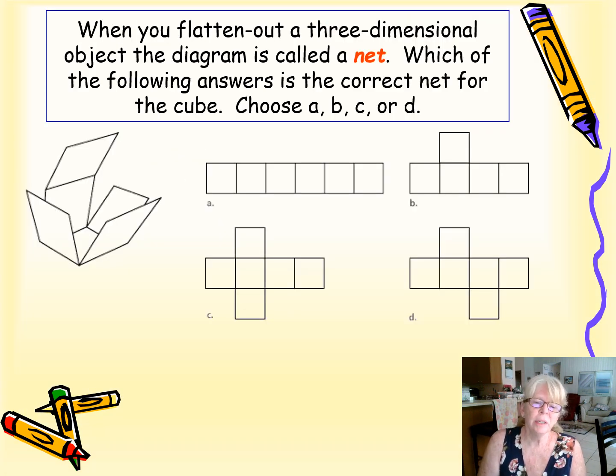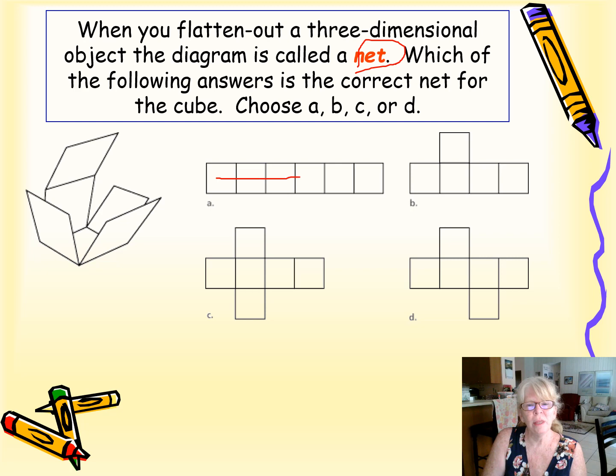I did put some of this in the test. This is not really something that you're going to be required in geometry anymore, but I do like it, so I wanted to look at this. It says when you flatten out this figure, this is a cube, it opens up to what's called a net. So of A, B, C, or D, what is this opening up to? All right, so we're going to compare these nets.